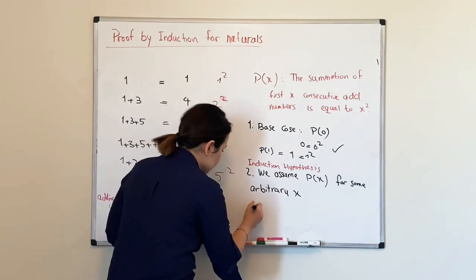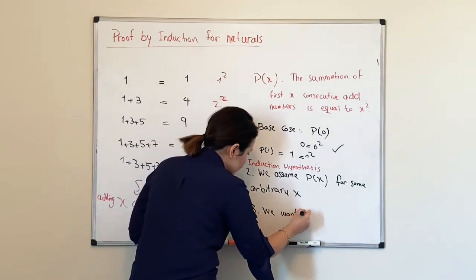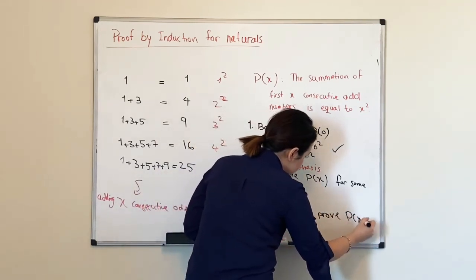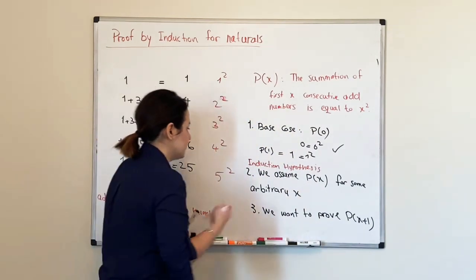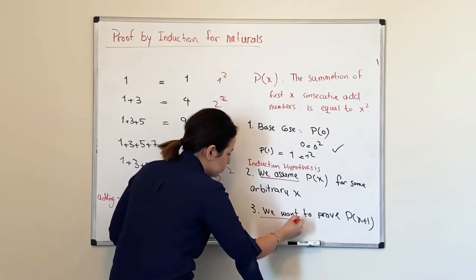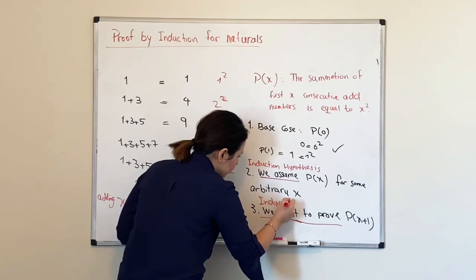And next, we want to prove P of x plus 1 is true. Since here I assume, it is the hypothesis, and here we want to prove, it is the induction goal.